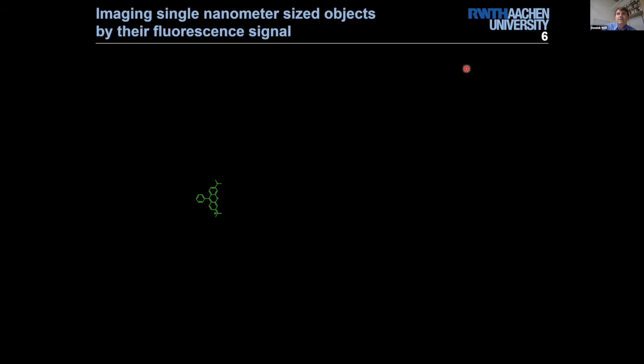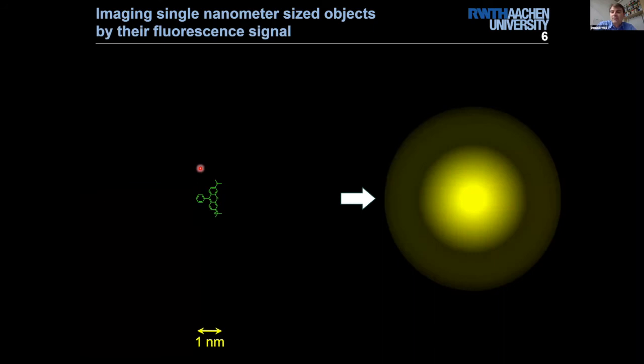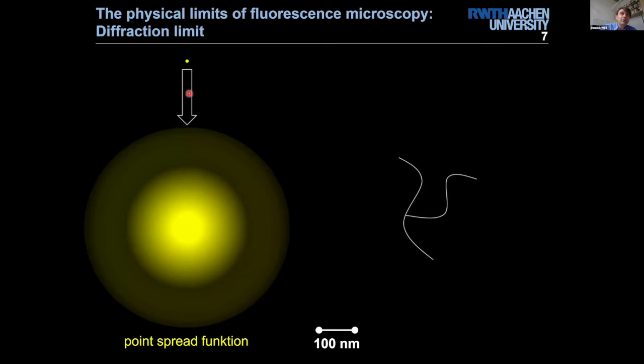What is the key thing here? We have a single dye molecule, which is a label, for example, for something we want to see. The molecule is typically 1 nanometer in size. You don't see it at this size, but as a diffraction-limited spot of about half the wavelength, so normally something like 200 to 300 nanometers in diameter. This is not a problem at all, because if you have a single molecule, you know exactly where it is positioned.